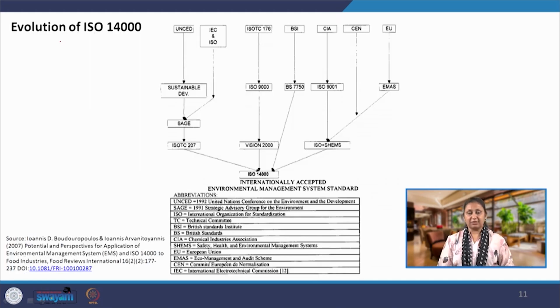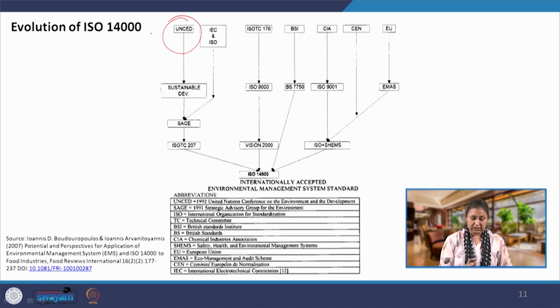If we look at the evolution of the 14000 series, there are a lot of parties. UNCED 1992, which is also known as the Earth Summit, was a party and also responsible significantly towards the development of ISO 14000.